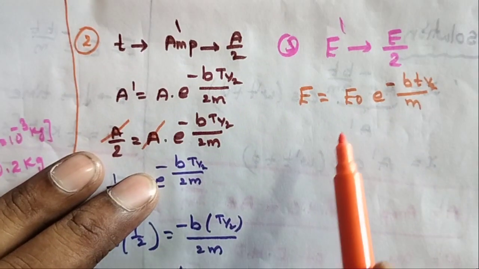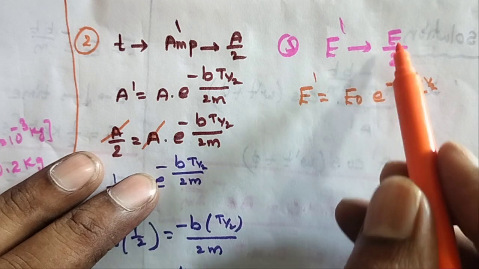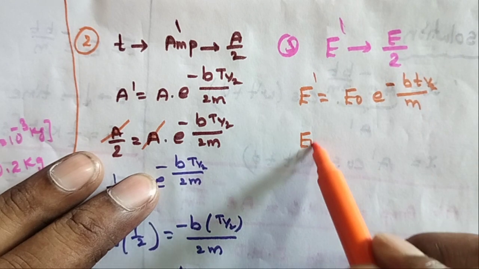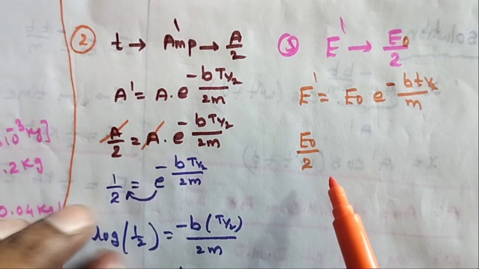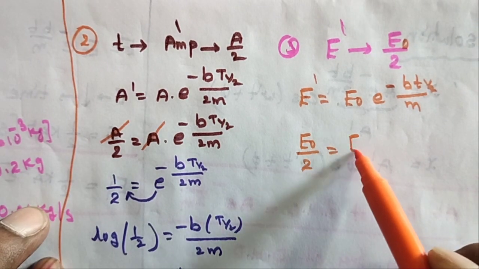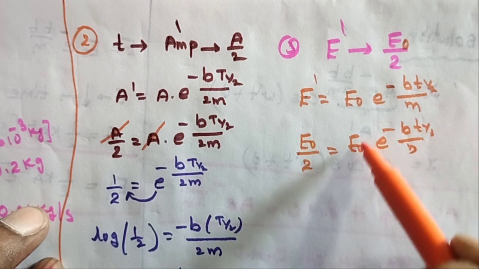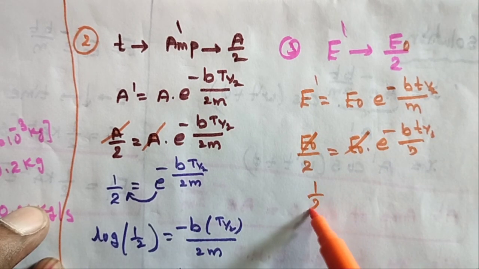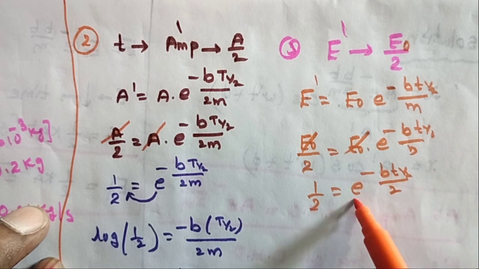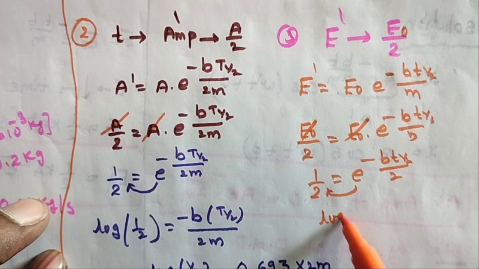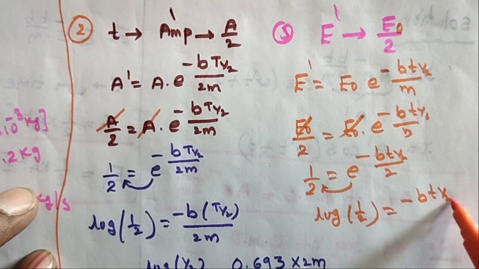Here E dash means E naught by 2, the original mechanical energy. E naught by 2 is equal to E naught e power minus b t off by m. E naught cancels, 1 by 2 is e power minus b t off by m, and taking log, log 1 by 2 is minus b t off by m.